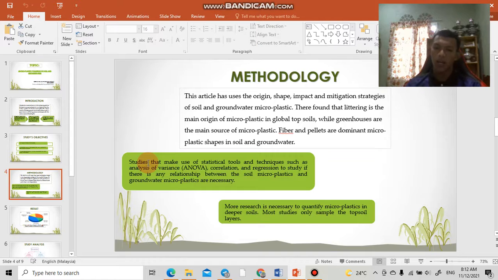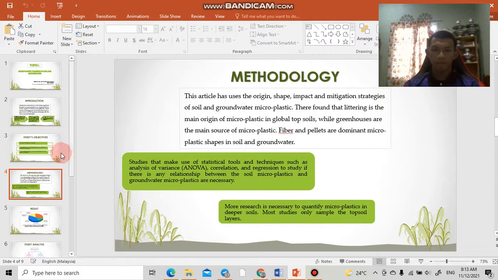And then the second one, more research is necessary to quantify microplastic in the deeper soil. Most studies only sample the top soil layer, the upper surface.